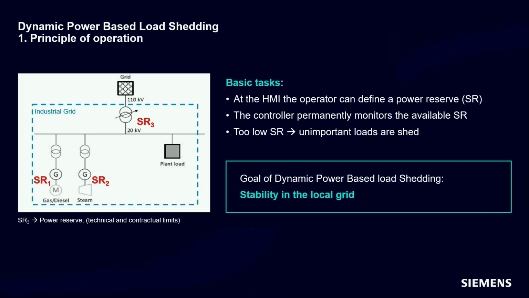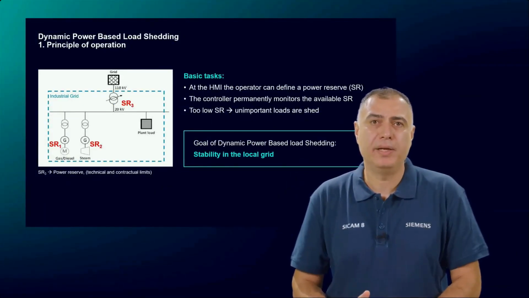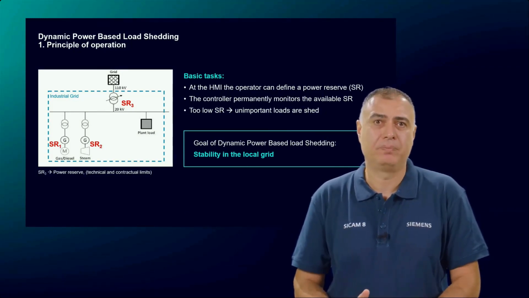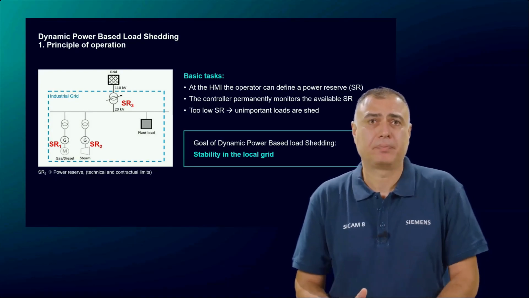The electrical supply is one of the most important goals of the industrial power grid. For this reason, the electrical operators try to operate the local network with enough spinning reserve. Dynamic power-based load shedding helps them to achieve this goal. What does it mean?